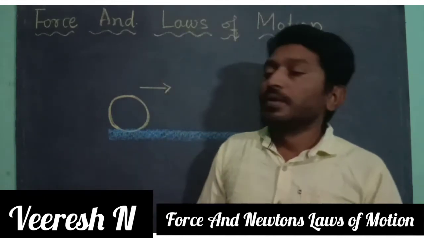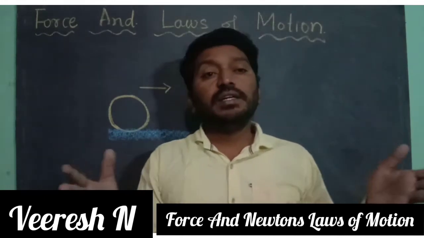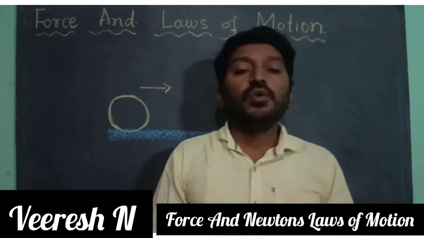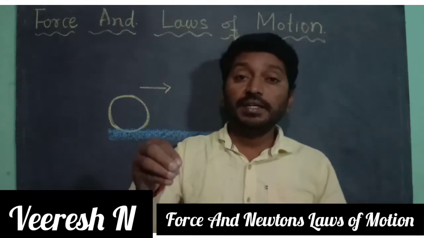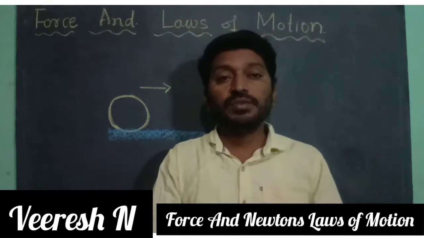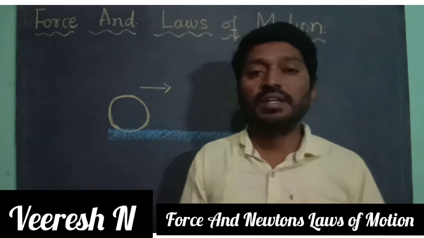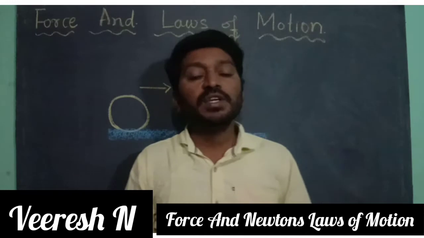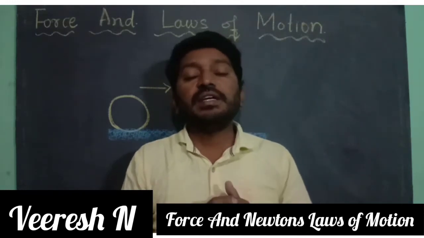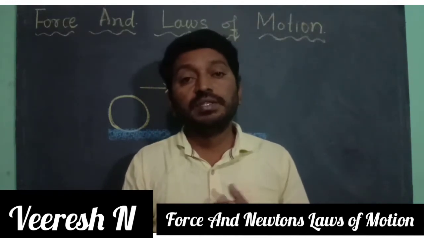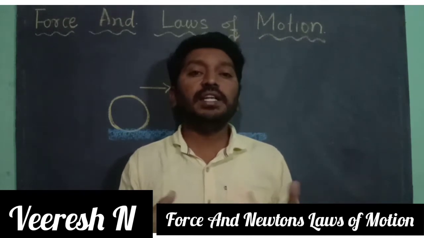Already in the lesson on motion, we studied what motion is and what its main applications are. Let me recall those points. Motion is the continuous displacement of an object in unit time.